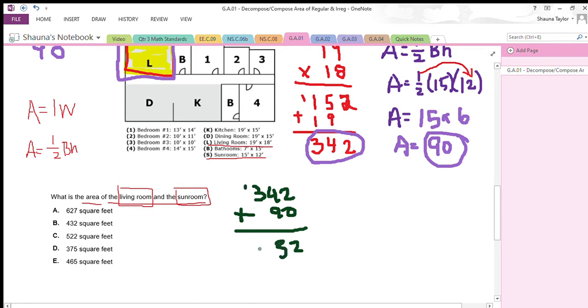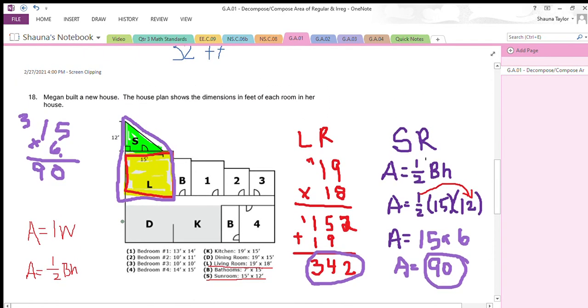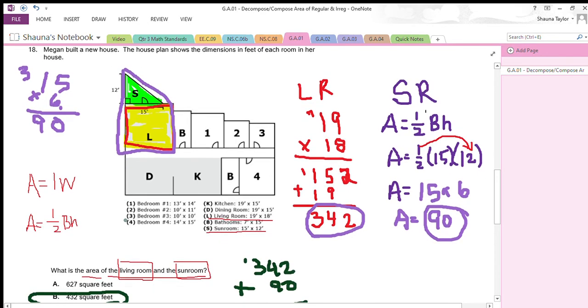Carry my 1, 4. 432. I don't see 432. Oh, I do, right here. There's my answer.